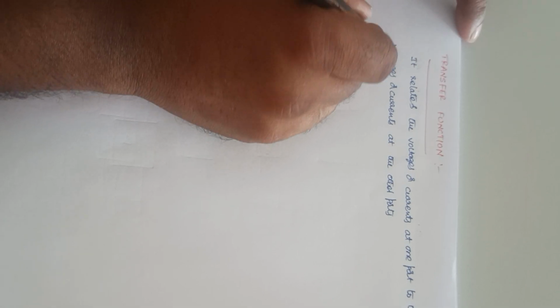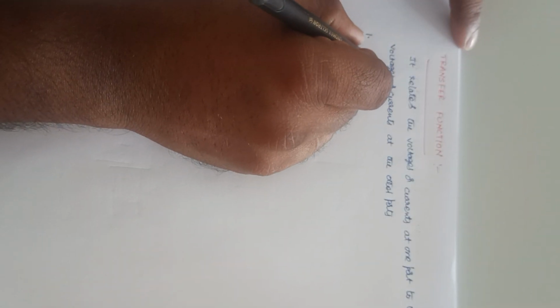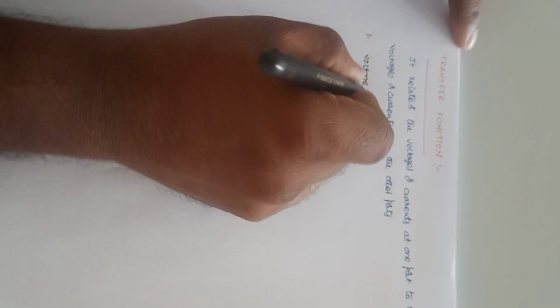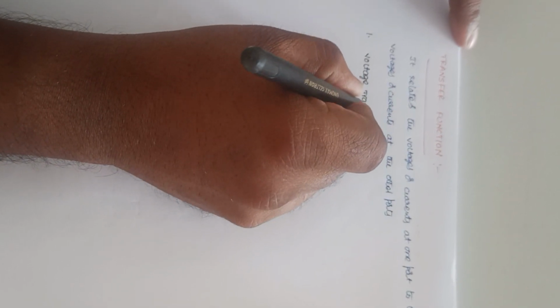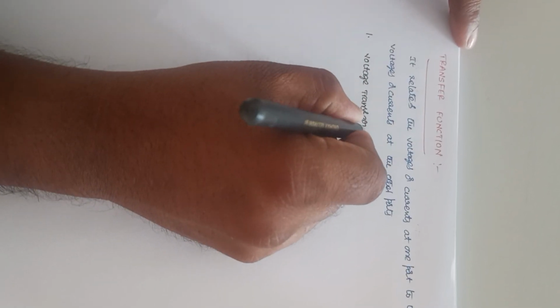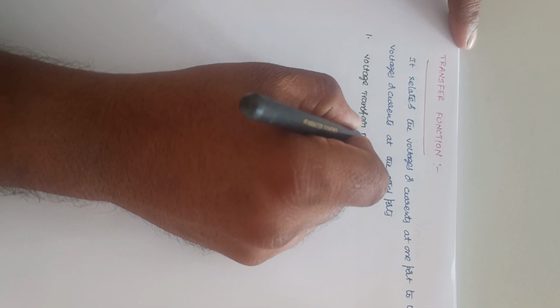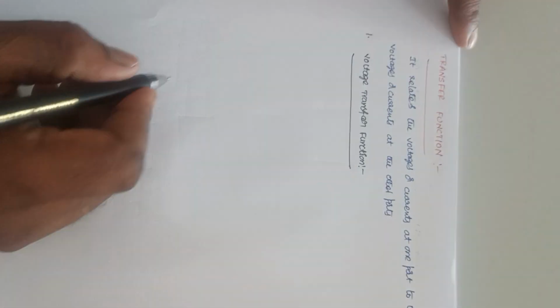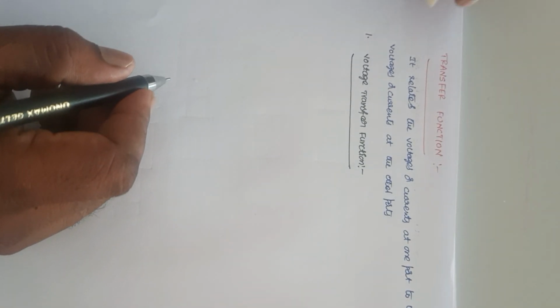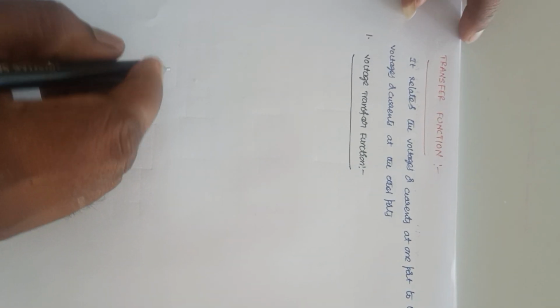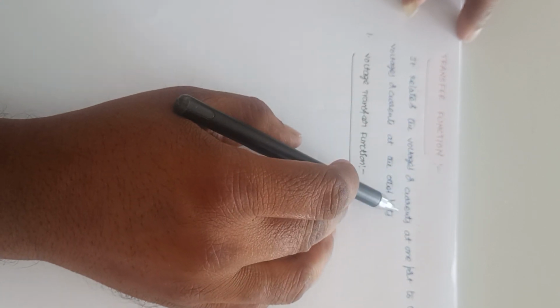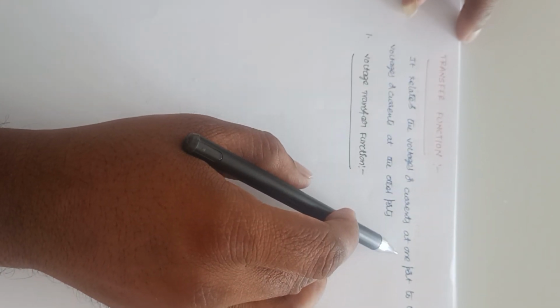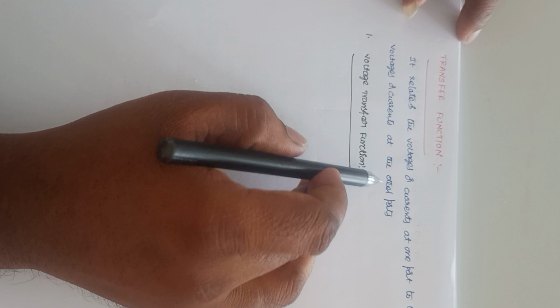That means, let me explain. First one, voltage transfer function. This transfer function concept will exist only for the two-port networks, because the voltages or currents at one port should be related with the voltages or currents at the other ports.